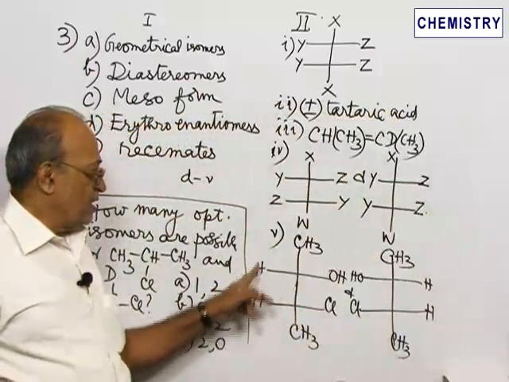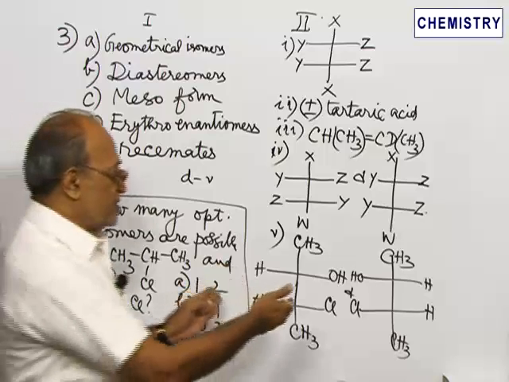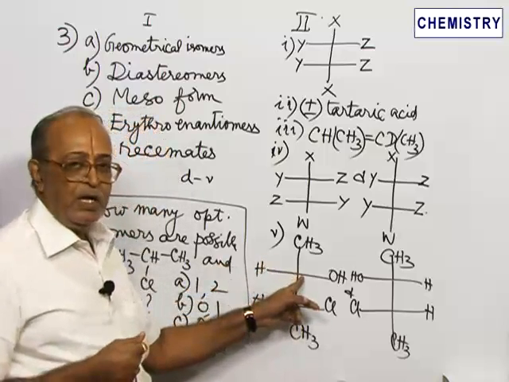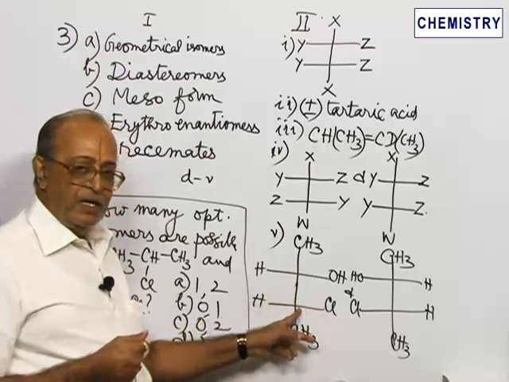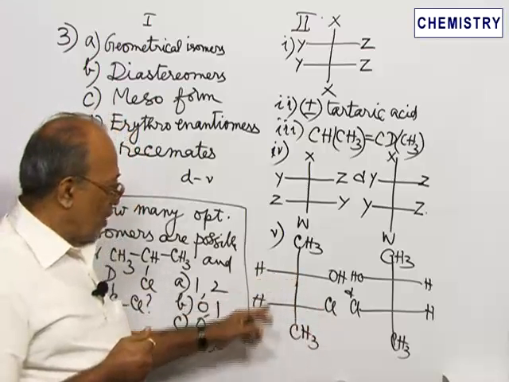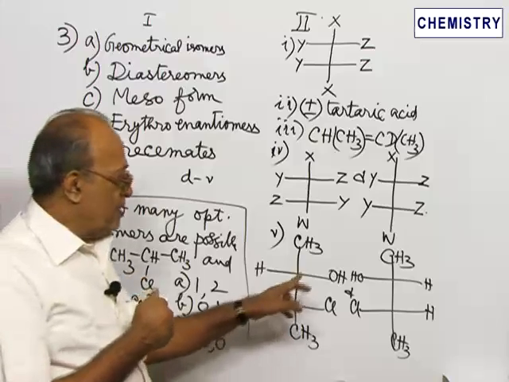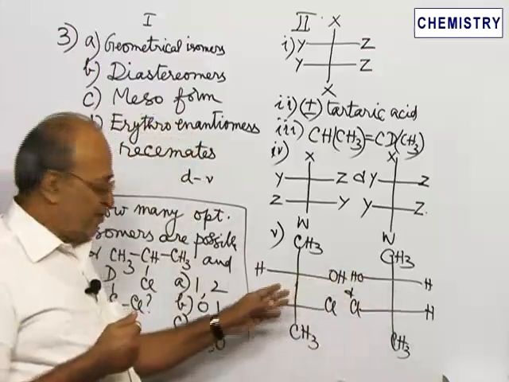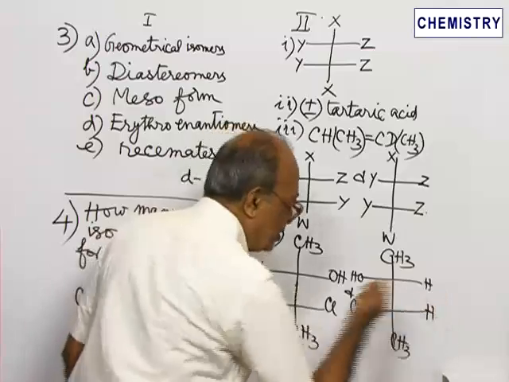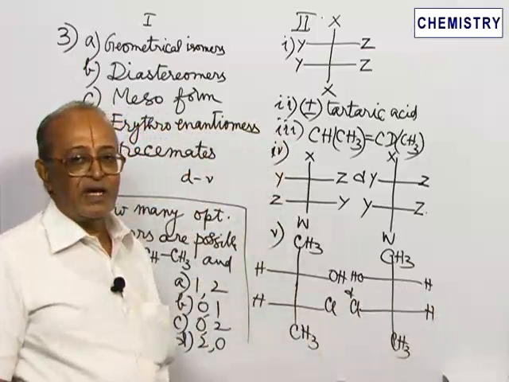Two hydrogens lie on the same side, namely the left hand side. Here there is one asymmetric carbon, here another asymmetric carbon, and the two hydrogen substituents are lying on the left hand side. And this is the enantiomer of this. If this is the object, this is the mirror image. And you can notice both these hydrogens lie on the right hand side.